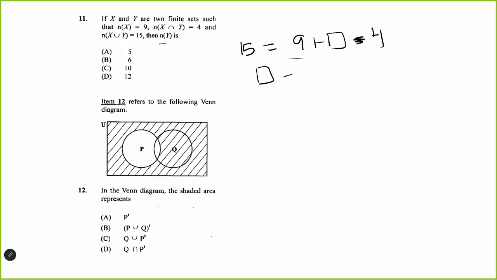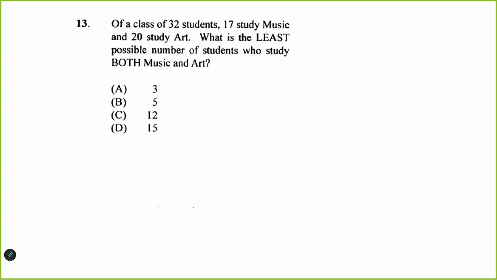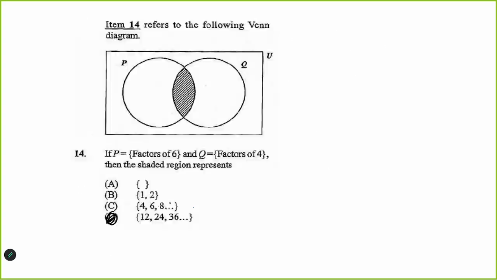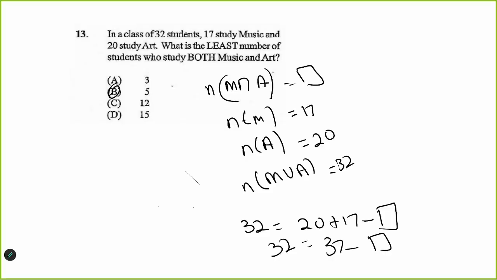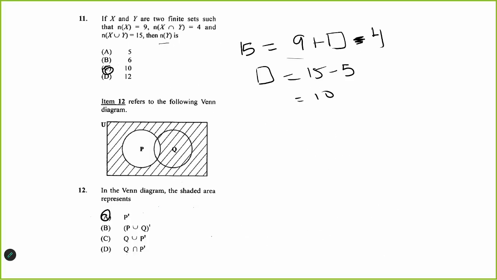So this box is 15 minus 5, which is equal to 10. This one here repeated, P complement, meaning everything outside of P. This one here, we just now did this question. We got 5.